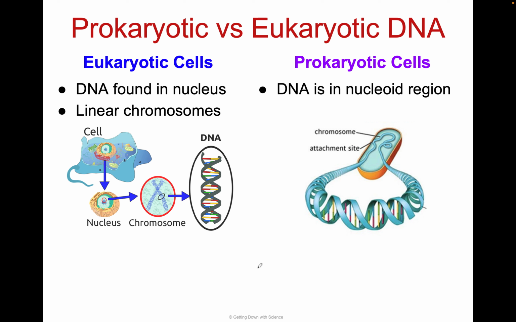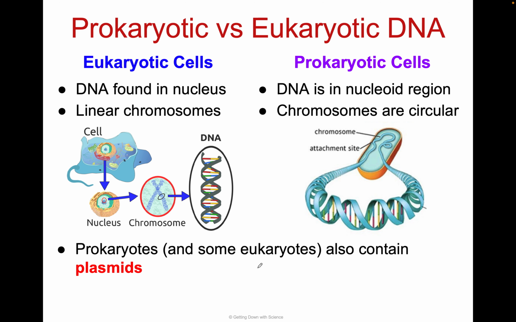In prokaryotic cells, you guys know DNA is in the nucleoid region. There's no membrane bound to this. It's just kind of floating in the cytosol in the nucleoid region. And the chromosomes in this case are circular. This is beneficial to the prokaryotic cells because instead of having a start and a stop, as in a linear chromosome, we can just plant some replication players right in the middle, and it can just go around and around and around.